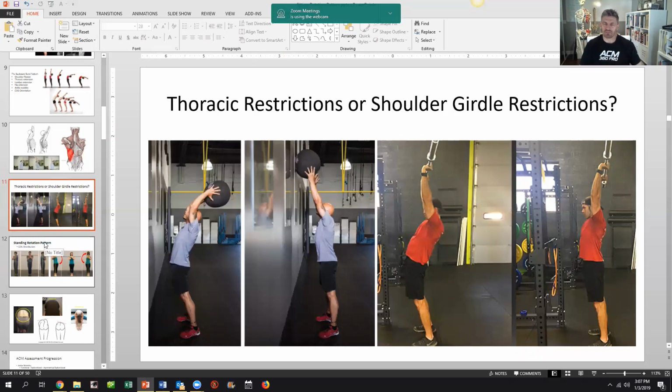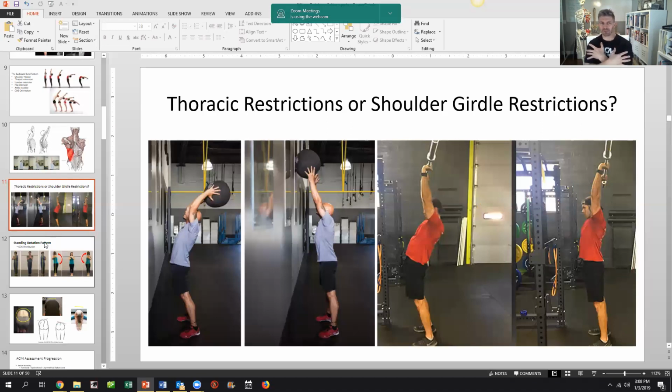The sitting rotation pattern, if we find someone who looks really horrible in shoulder flexion, it doesn't tell us yet if it is thoracic or shoulder girdle, until we get to the sitting rotation pattern, and we can really see. You'll be able to see a little bit of it here in the backward bend. If they're getting good extension of the thoracic spine, then it's probably a shoulder girdle restriction, meaning something related to the upper extremity: the pecs, the lats, the teres major, shoulder capsule.